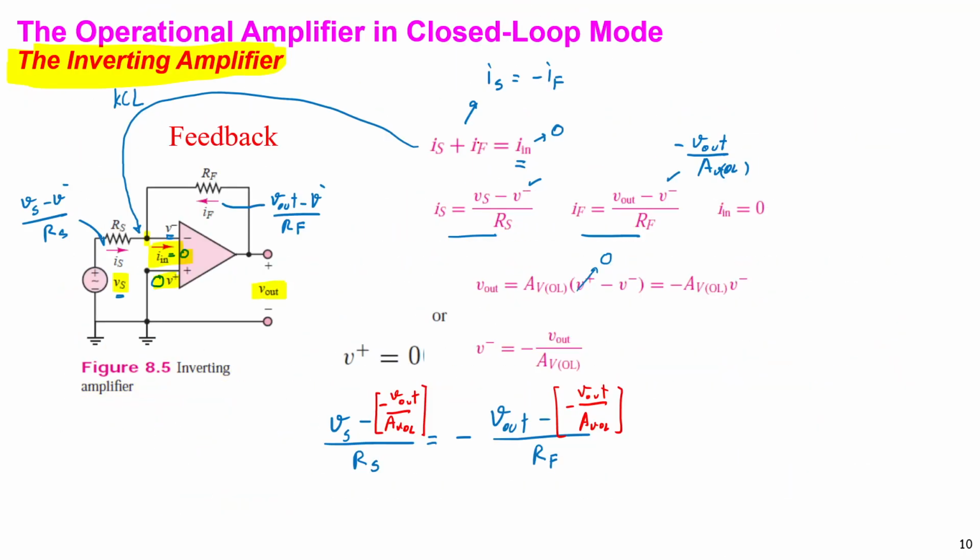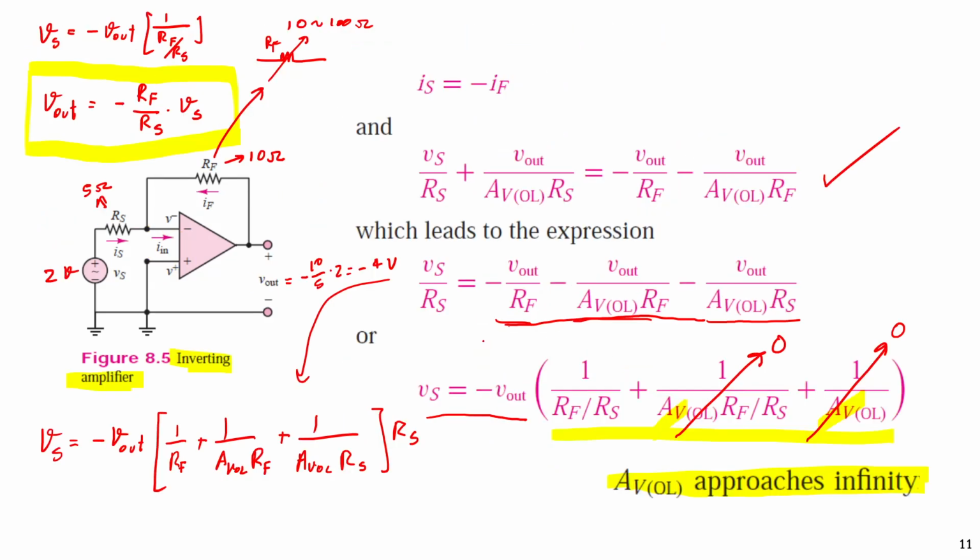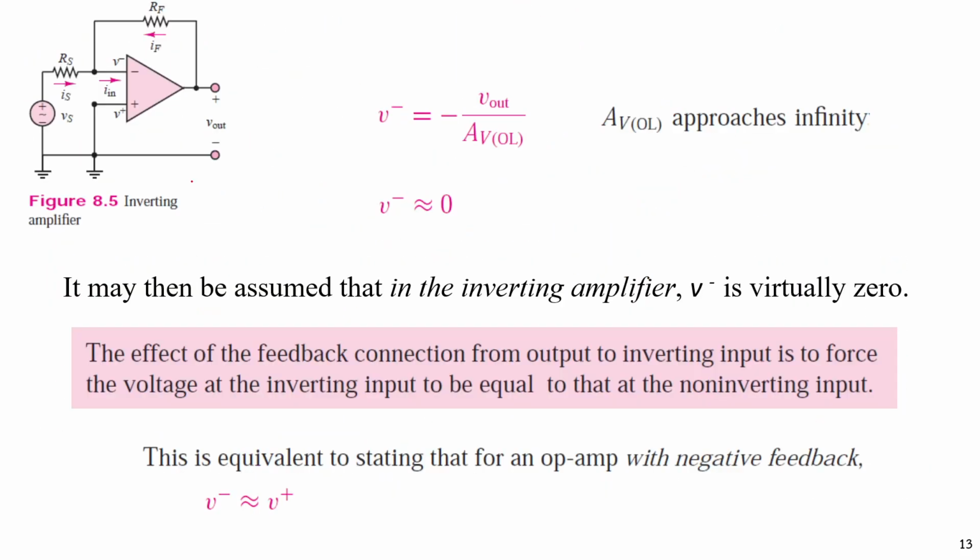From our analysis, if A open loop goes to infinity, V negative approaches 0. Since V out is connected back to the reference, and V positive is taken as the reference, V negative approaches 0 also. Then in this case V negative and V positive are approximately equal.